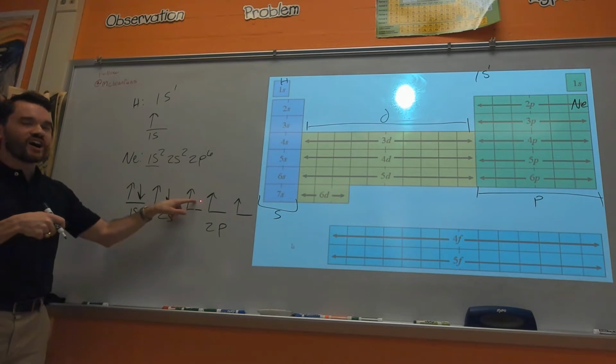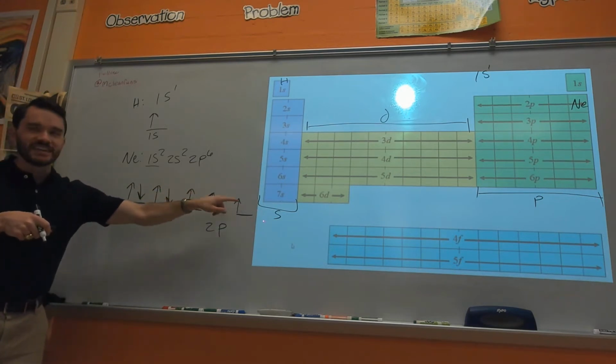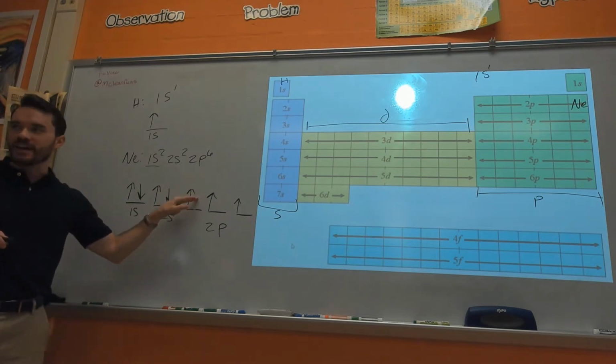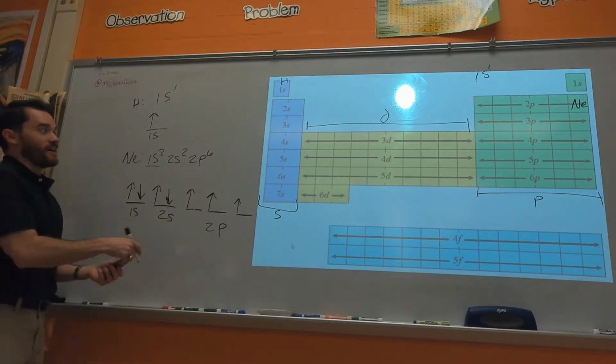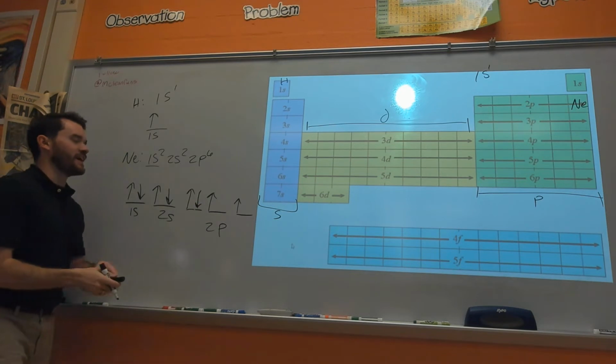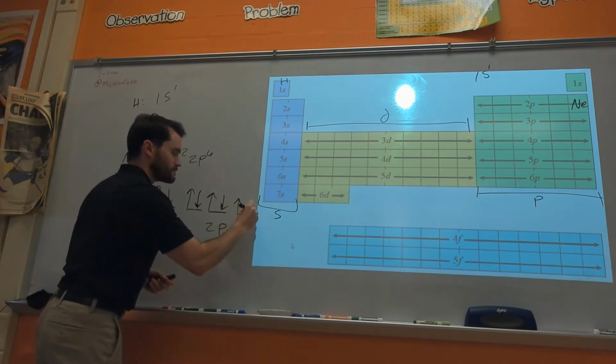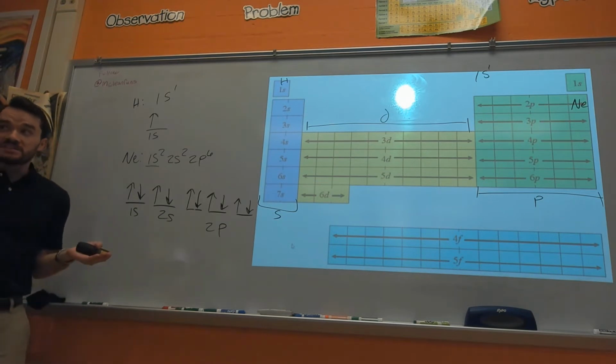You have to take the empty seat. Or you could think of hounds: you don't put 2 hounds in the same cage unless you have to. So now the fourth electron, now we start pairing up. And that's it.